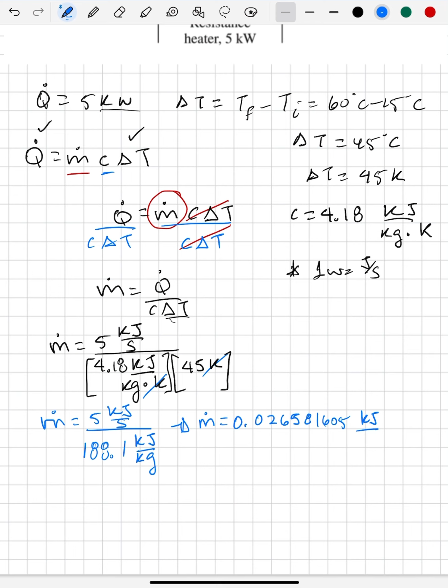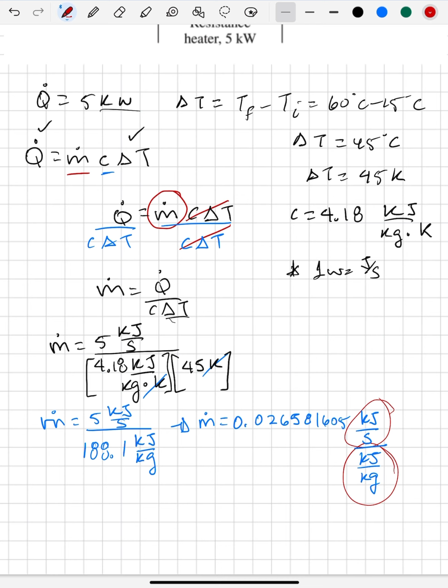Kilojoules per second divided by kilojoules per kilogram. Let me put a pause right here. I have a fraction being divided by another fraction.